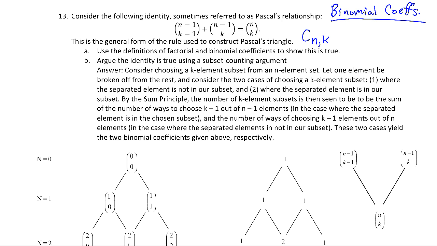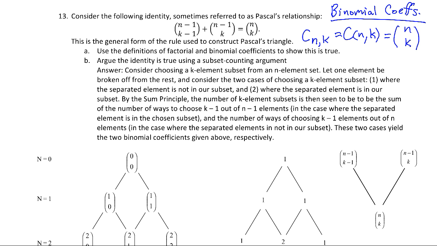And you might use the mnemonic that C stands for committee. This is the number of k-member committees that can be chosen from an n-member club. All right. And C(n, k) is sometimes written as C as a function of n, k, and it is also often written as just n above k in parentheses with no slash in between.